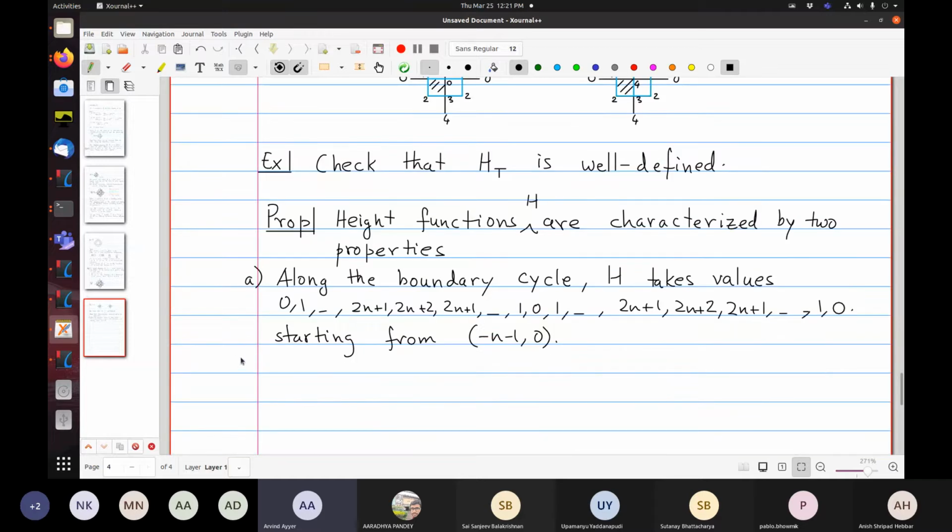And the other thing is that if u goes to v, I mean if the direction is from u to v in G, then h of v is either h of u plus 1 or h of u minus 3.